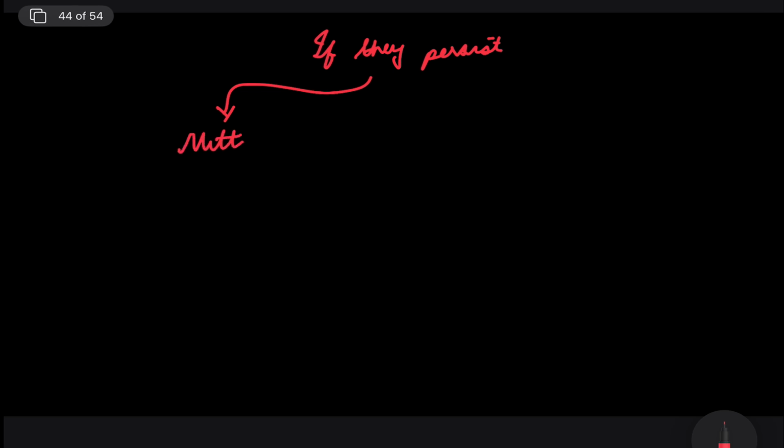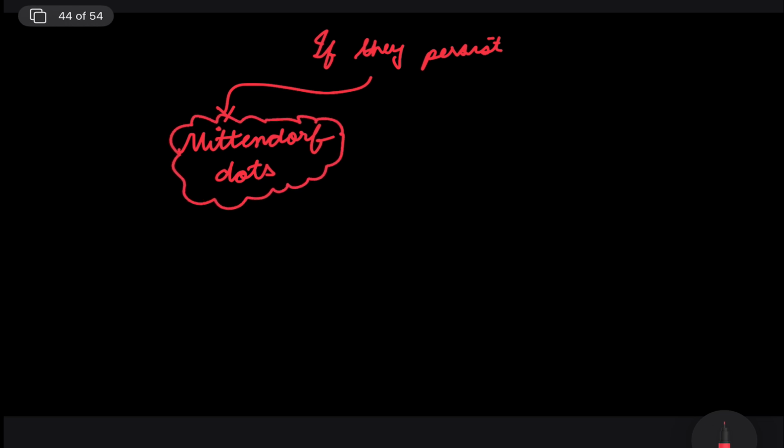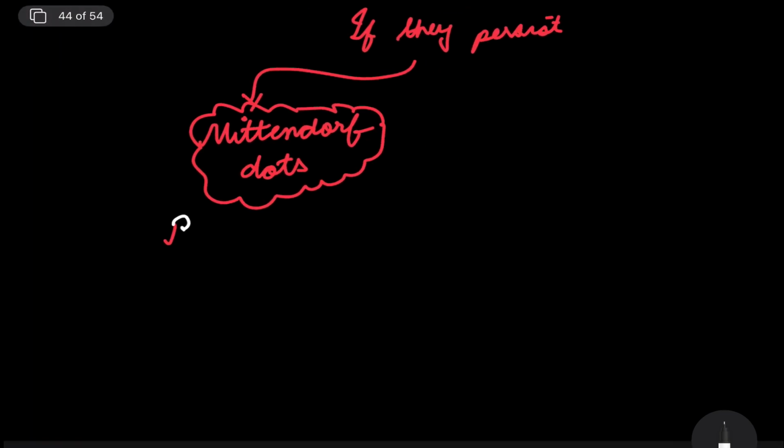Number one, something called Mittendorf dots. This is the name of the anomaly. What exactly is this? This is nothing but the remnant of the hyaloid artery on the posterior surface of the lens.